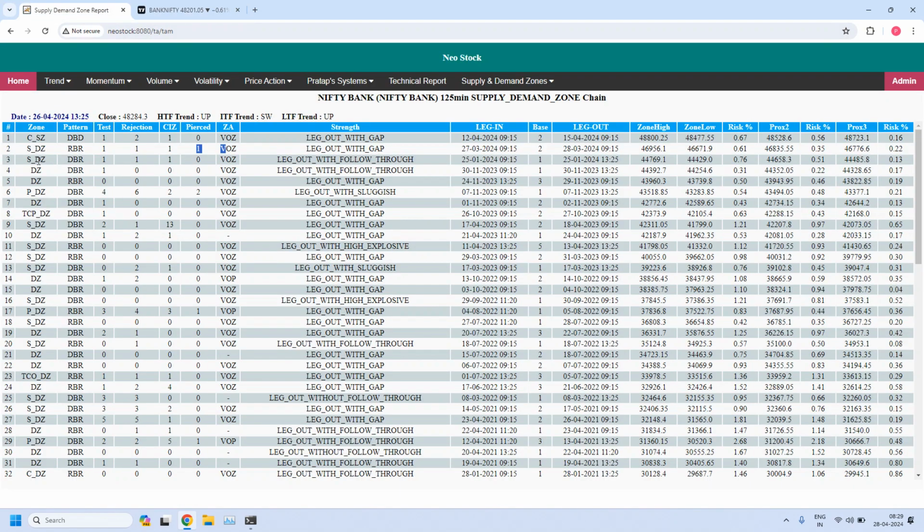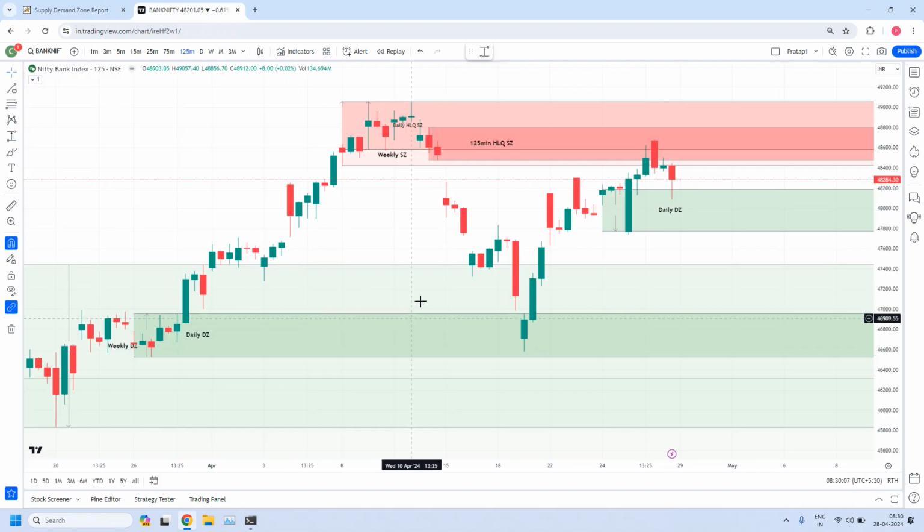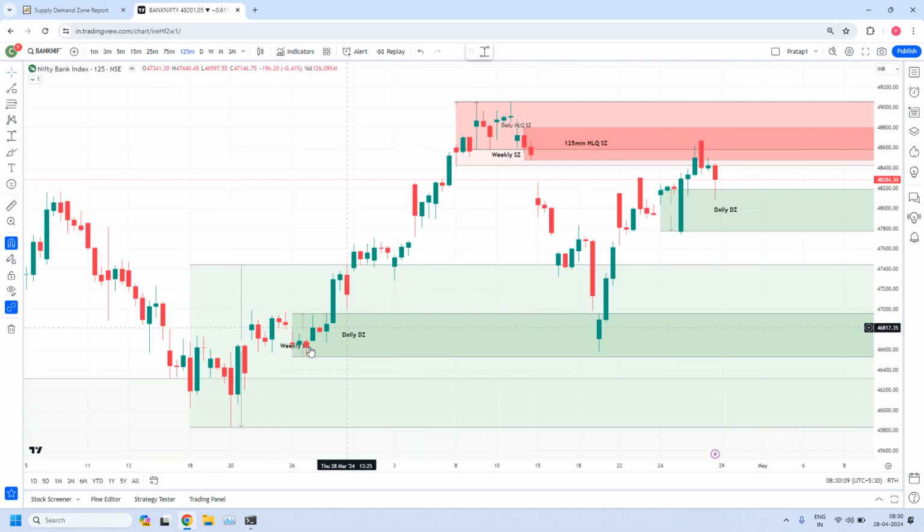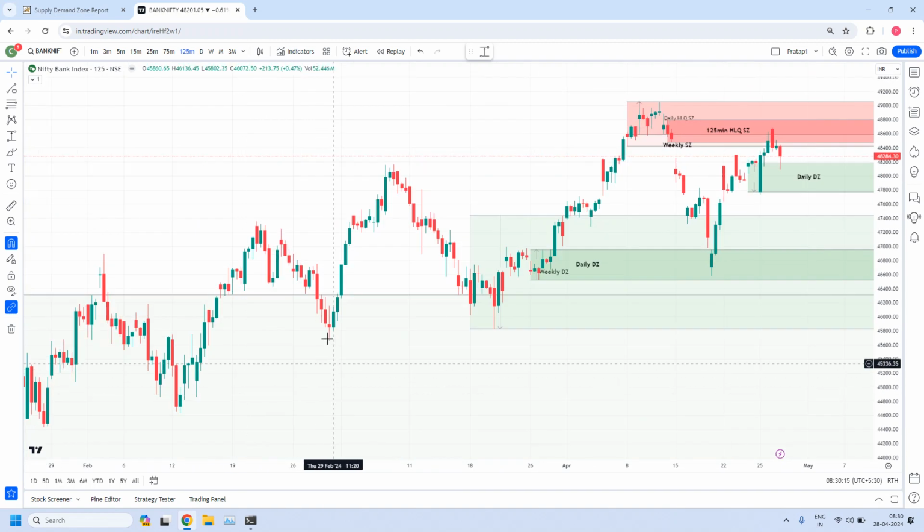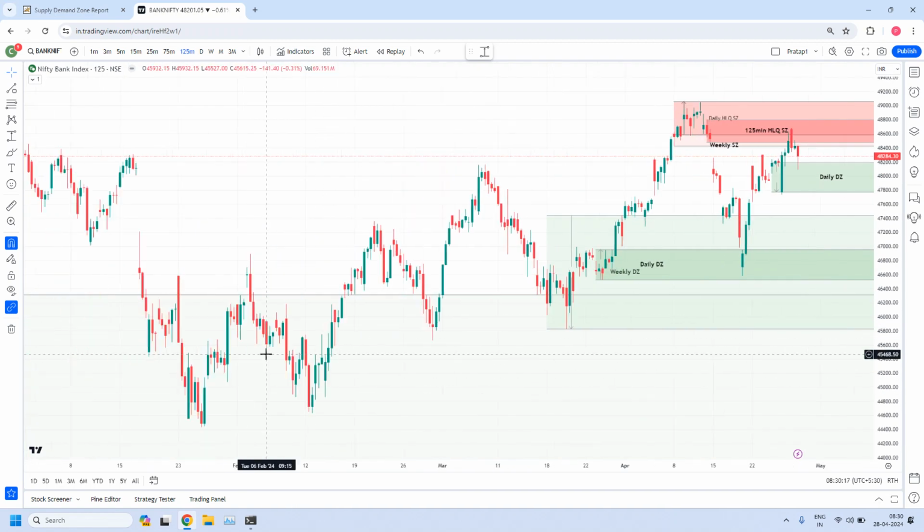So what is the next one? We have one more high liquidity zone. This is a valid one, not pierced. This is on 25.1, 9.15 and one base candle. 25.1, 9.15. So below this weekly zone.